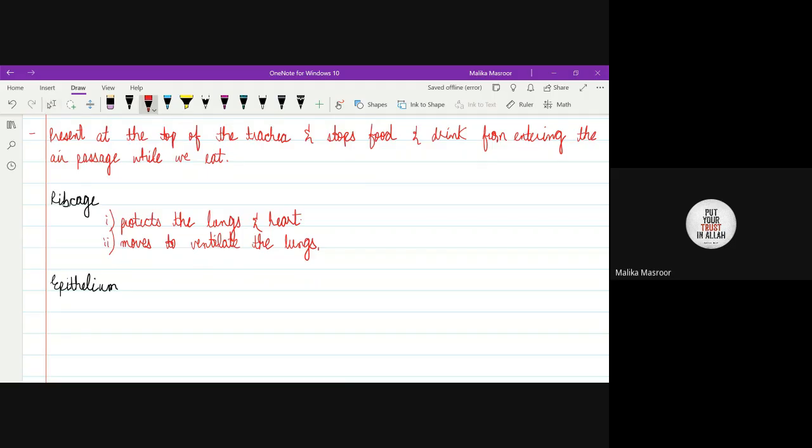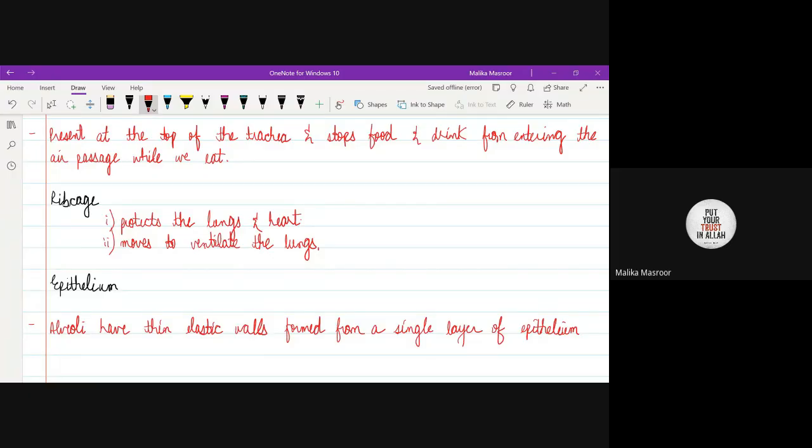Again, that is to reduce diffusion distance.